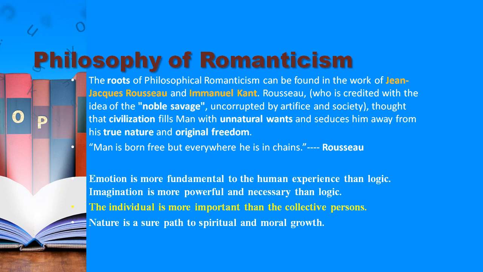So here subjectivity is preferred over objectivity. Nature is a sure path to spiritual and moral growth. So spirituality, morality, nature, imagination, emotion, these things are prioritized and preferred in Romanticism, or Romantic thought, or philosophy of Romanticism.